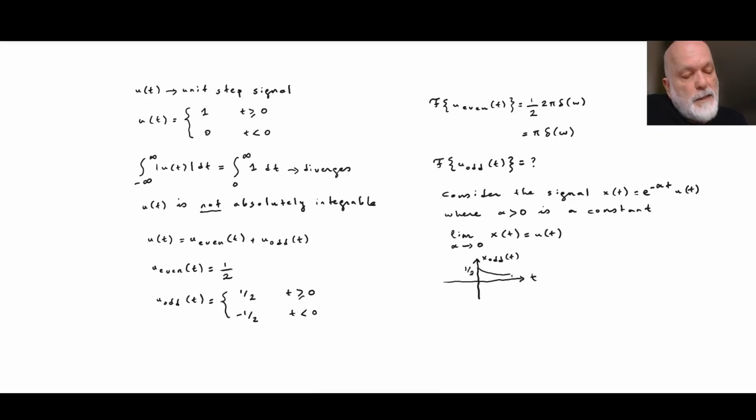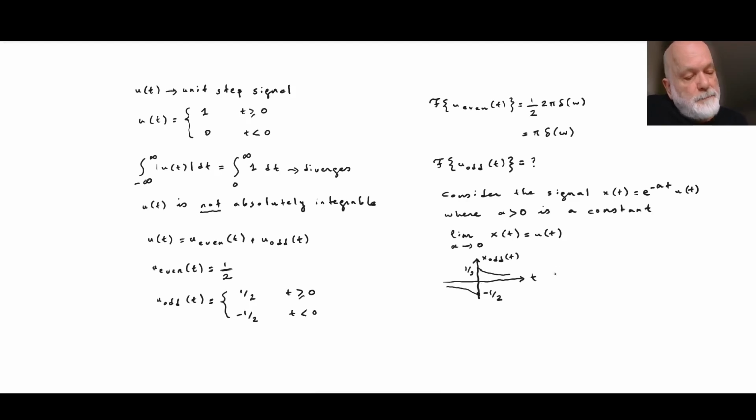It is equal to the decaying exponential function for positive values of t starting from 1 over 2. And then for negative t, we also have a decaying exponential, but now it becomes equal to minus 1 over 2 at t equal to 0.